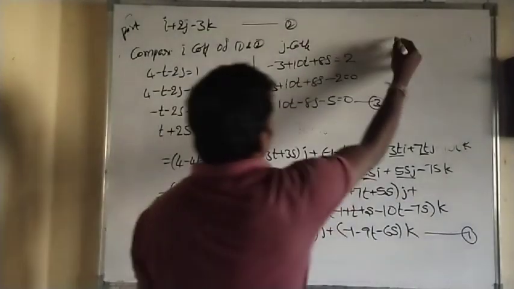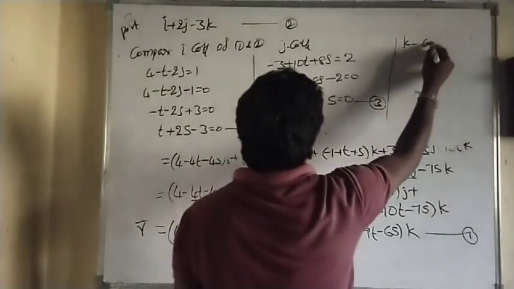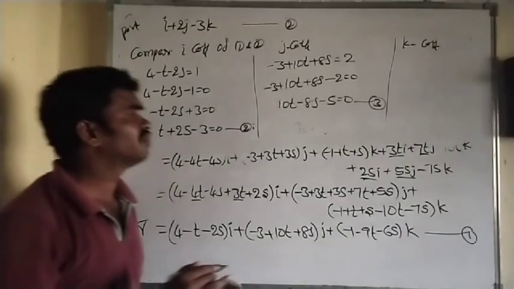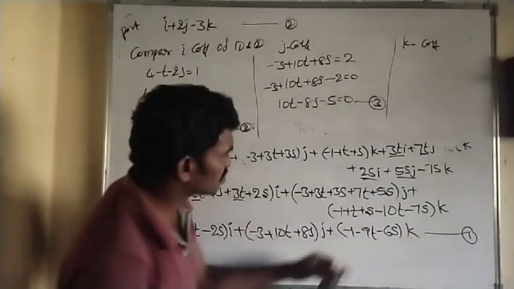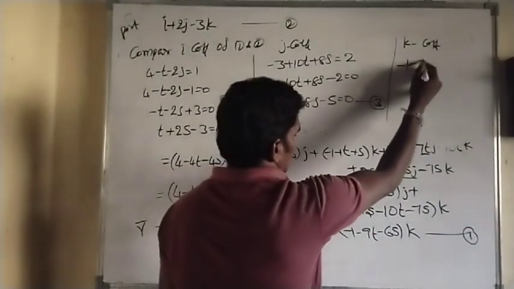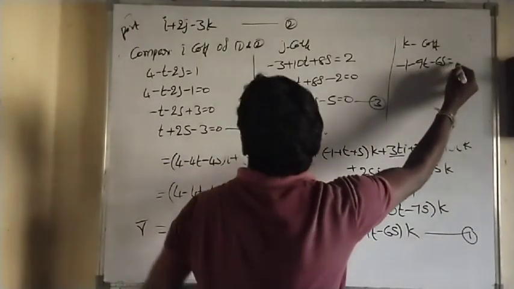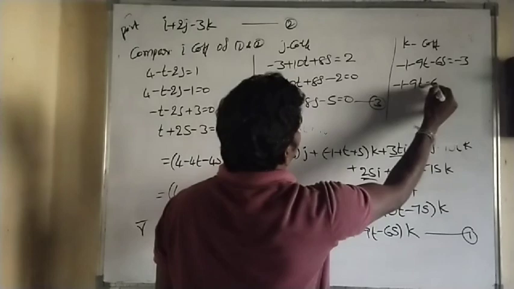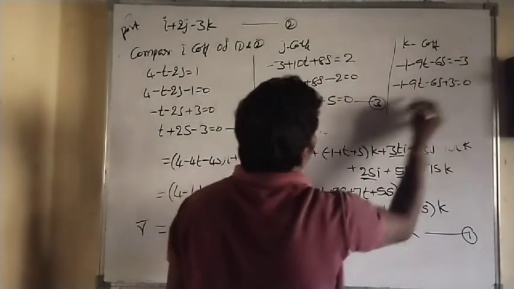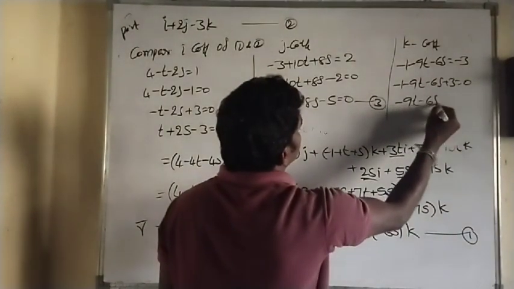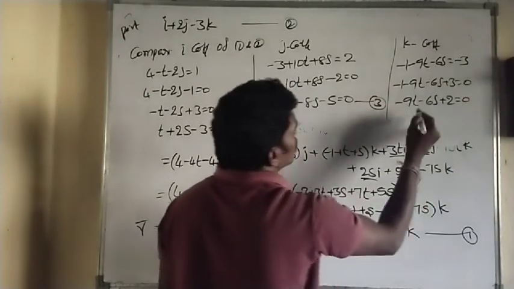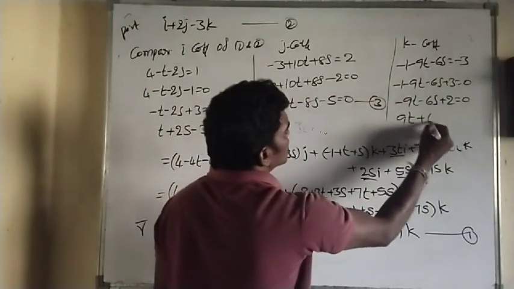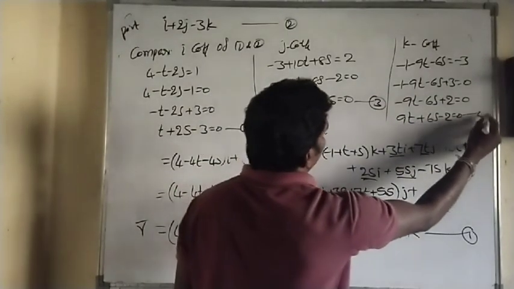Next, similarly, the k coefficients. So here we should find 3 terms. What are the k coefficients? Minus 1 minus 9t minus 6s is equal to the k term, minus 3. So minus 1 minus 9t minus 6s plus 3 equals 0. So minus 9t minus 6s plus 2 equals 0. Multiplying by minus, 9t plus 6s minus 2 equals 0, equation 4.